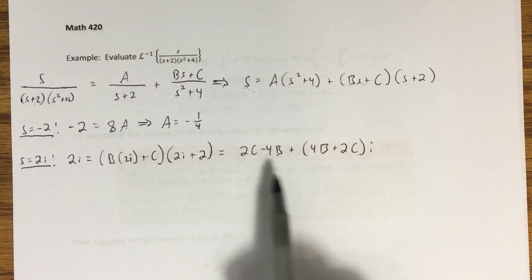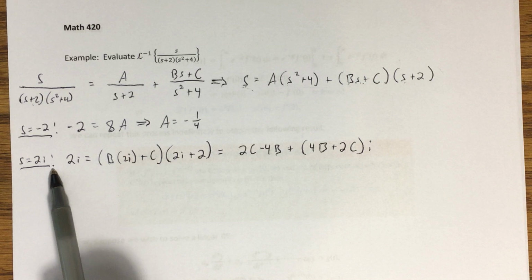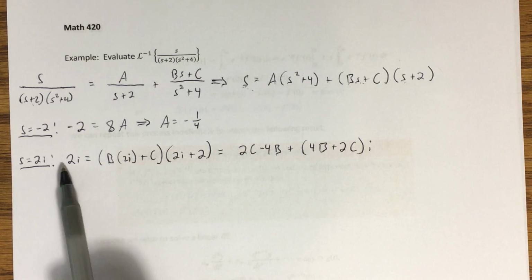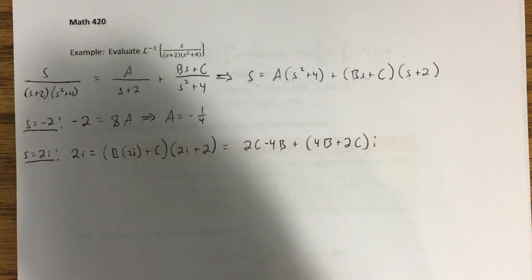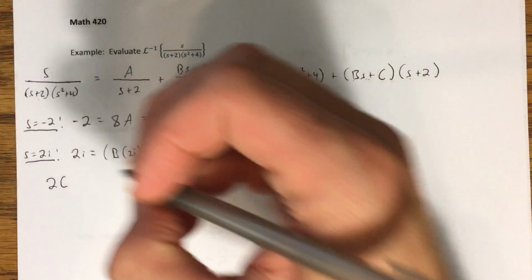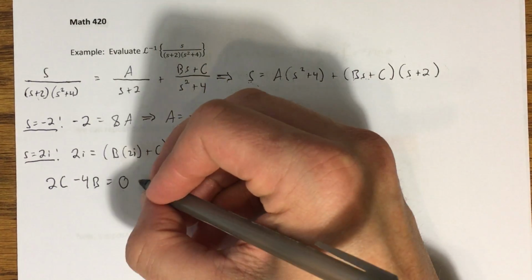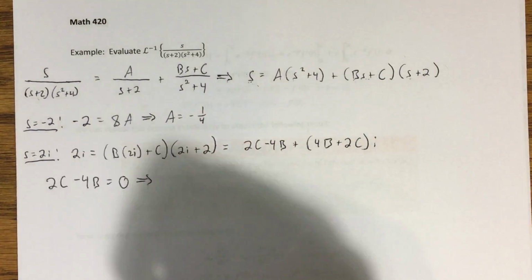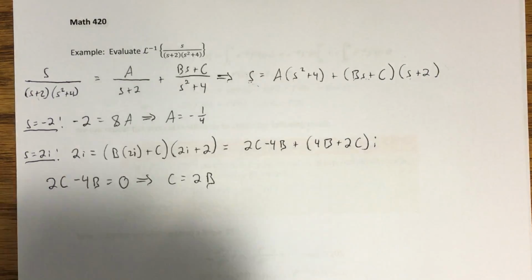Okay? Now I have a real part and I have an imaginary part, and that's supposed to be equal to this complex number, 2i. The real part of this complex number is 0, so I can set that real part equal to 0, giving me 2C minus 4B equals 0. Or, if I wanted to solve for C, C is equal to 2B.